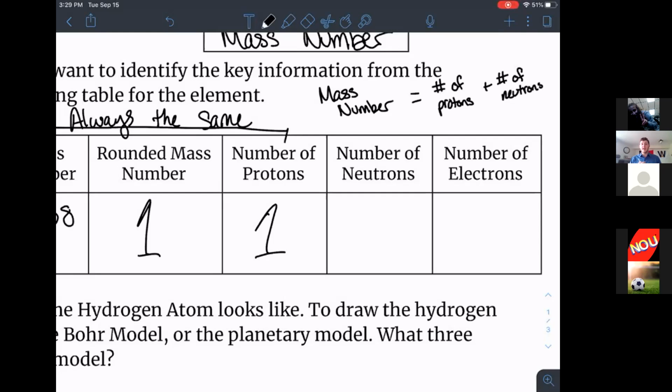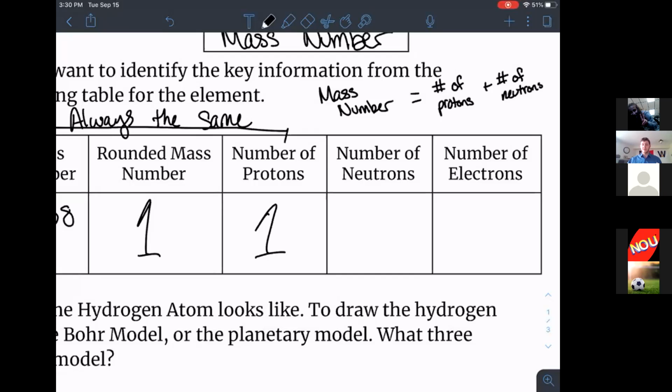Everything in our nucleus has a mass large enough to be considered as affecting our atom. The masses are all super tiny, but in comparison, protons and neutrons have about the exact same mass, and the electrons have such a small mass compared to protons and neutrons that we can just ignore them.